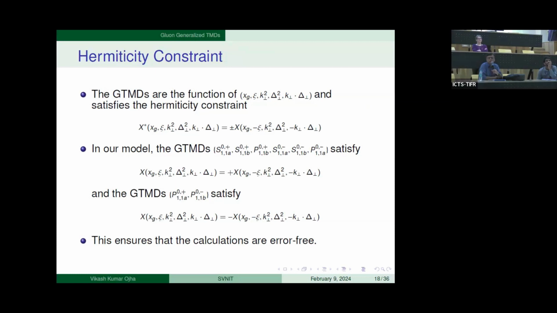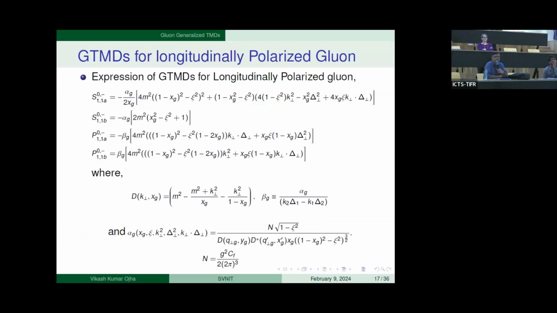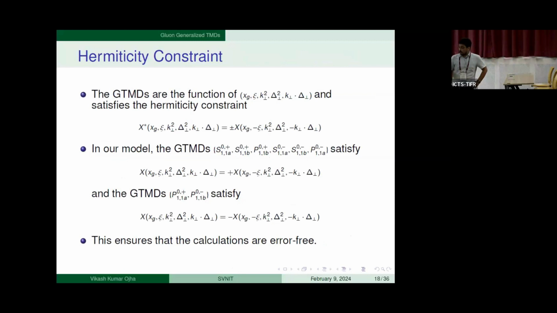If somebody gets minus in place of plus, how can both be correct? In this particular article by Lorcé and others, what they are saying is that this GTMD should satisfy this property. It should be either plus or minus, an overall change. It cannot be both.